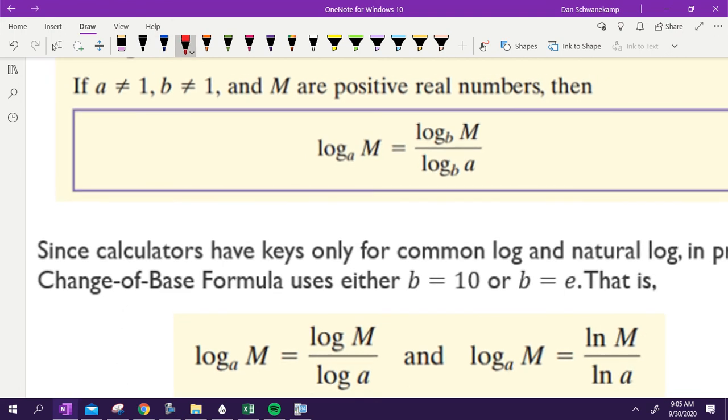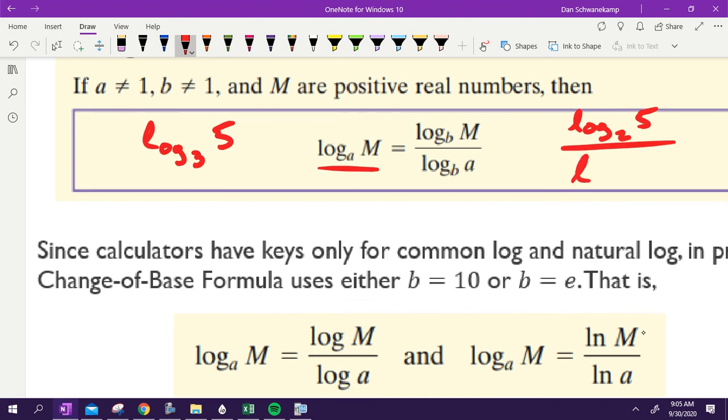Basically, it has a whole bunch of letters, but it means this. If you had the log base 3 of 5, if I just said, hey, let's do the log base 3 of 5, the way you could get that in your calculator is to take the log of any base, pick a number, log base 2 of 5 divided by the log base 2 of 3.